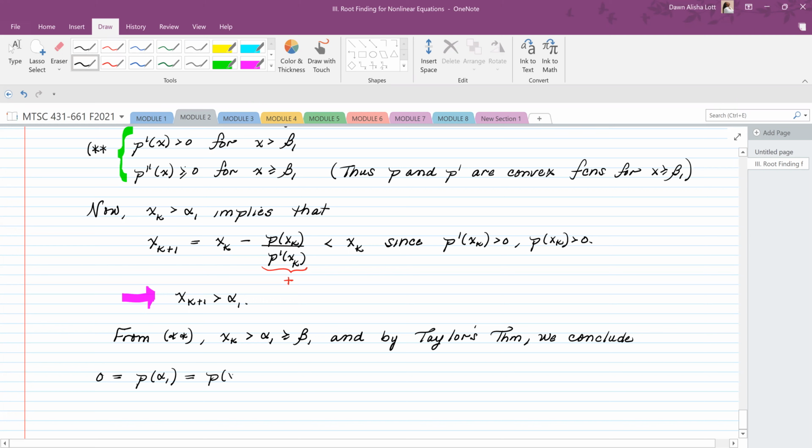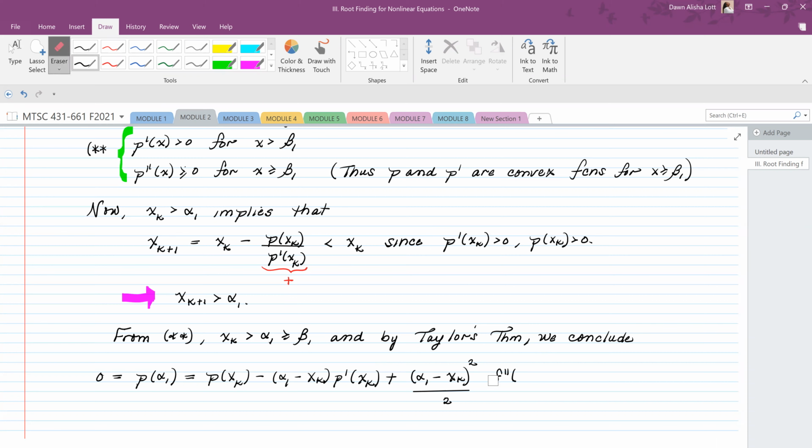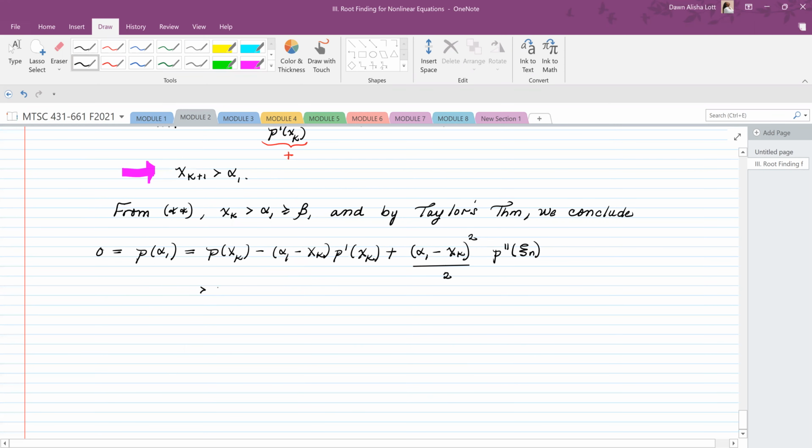But that's P of x_k plus alpha 1 minus x_k times P prime of x_k, plus alpha 1 minus x_k squared over 2, times P double prime of some c_n, and that thing is greater than P of x_k.